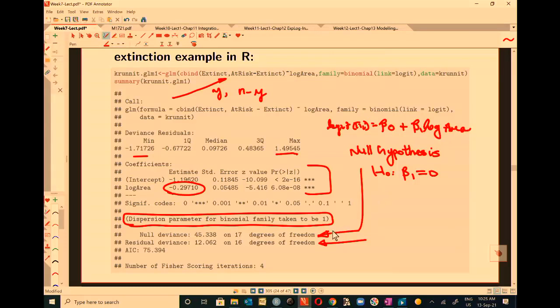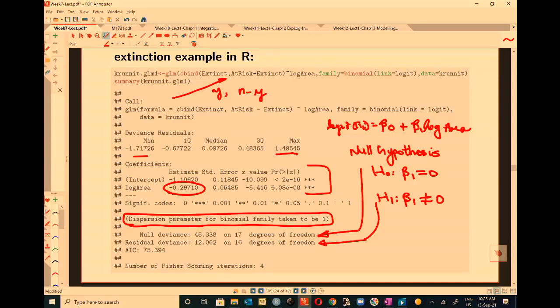And so that corresponds to the null deviance. Whereas the other one, the residual deviance, corresponds to the alternative hypothesis, which is that beta 1 is not equal to 0. So as I was saying earlier, regression outputs are based on two-sided tests all the time. The p-values you see there are based on two-sided tests. It doesn't know, it just assumes two-sided. You can decide which way it's going to go.